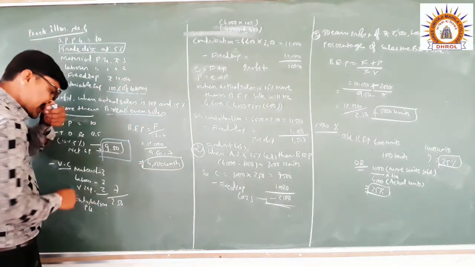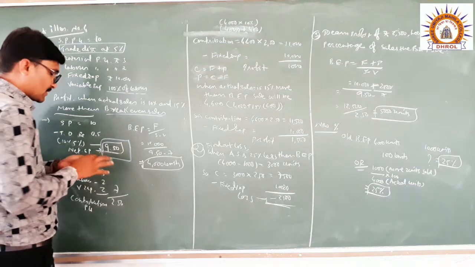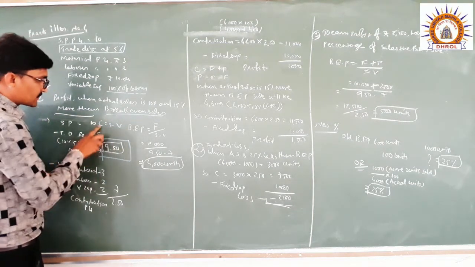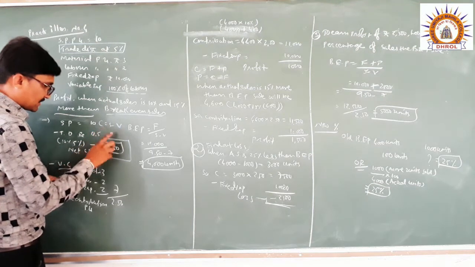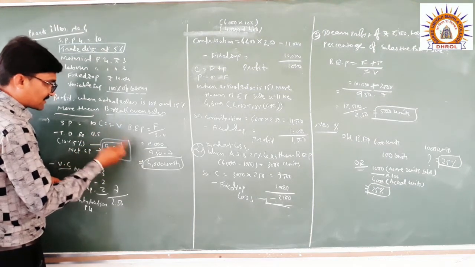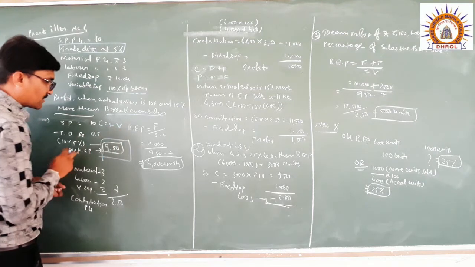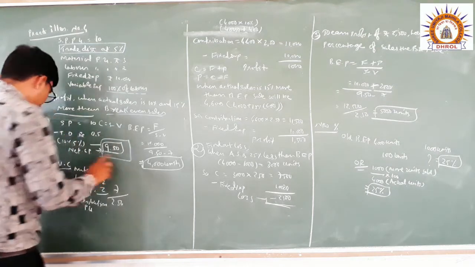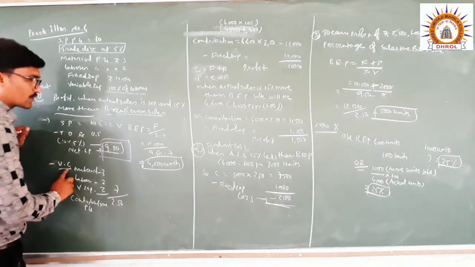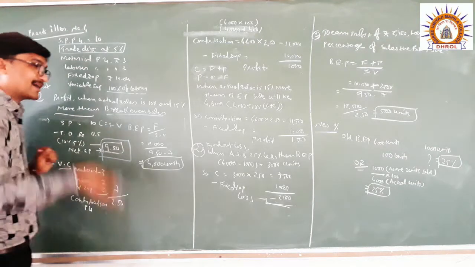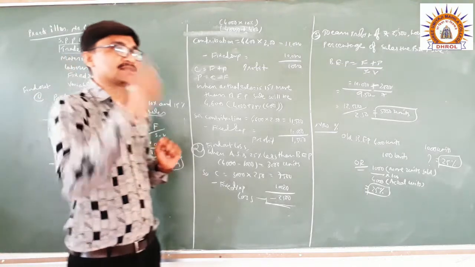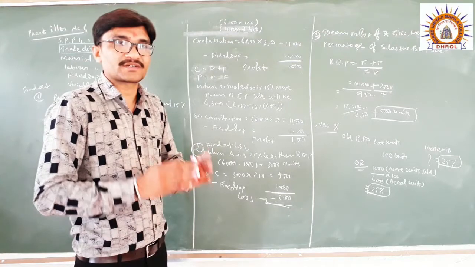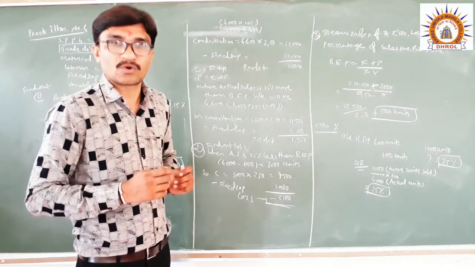How is contribution calculated? Simple. You know the formula: C is equal to S minus V. So C is calculated with the help of the selling price per unit less the variable expense. Another terminology we see in the theoretical portion is that variable cost is also known as marginal cost.